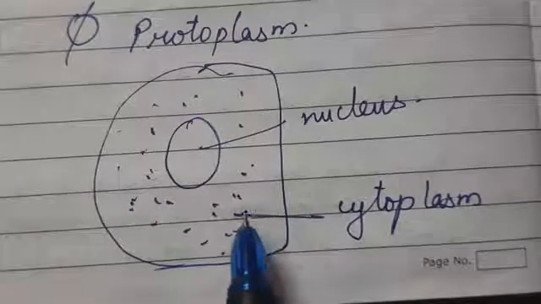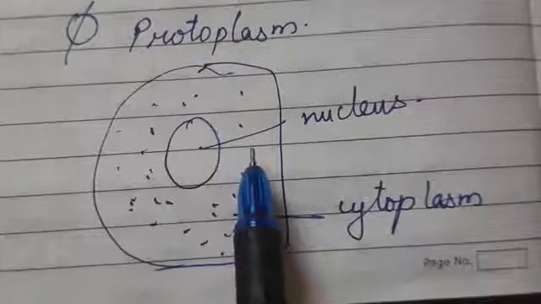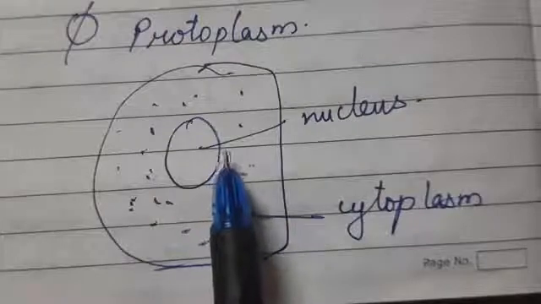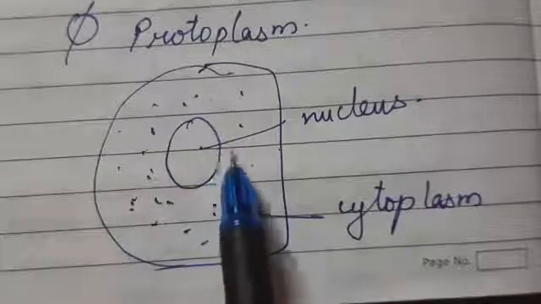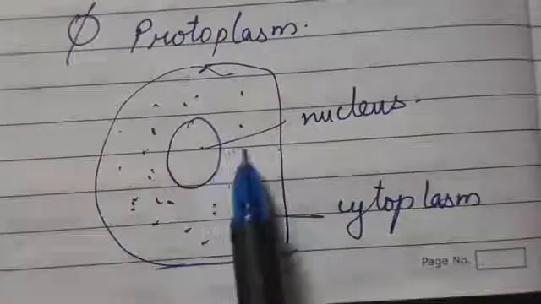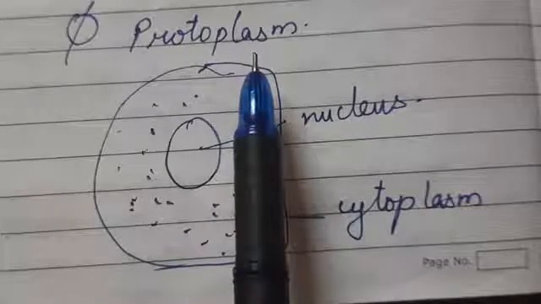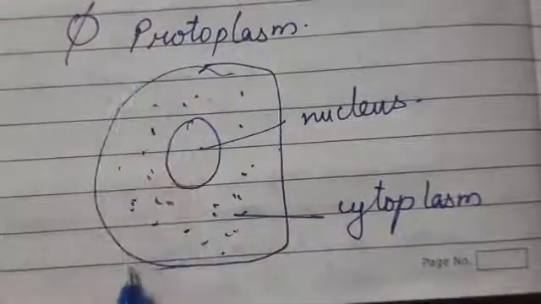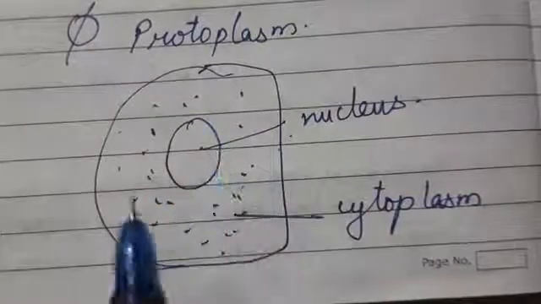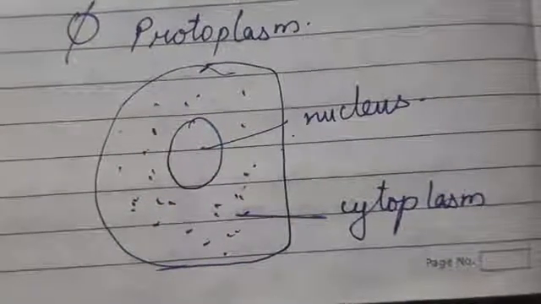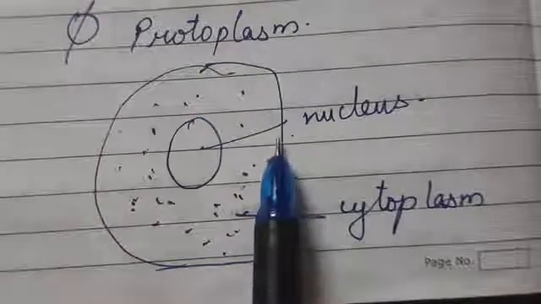Cytoplasm is a jelly-like, fluid-like substance present inside the cell membrane, found between the cell membrane and the nucleus.